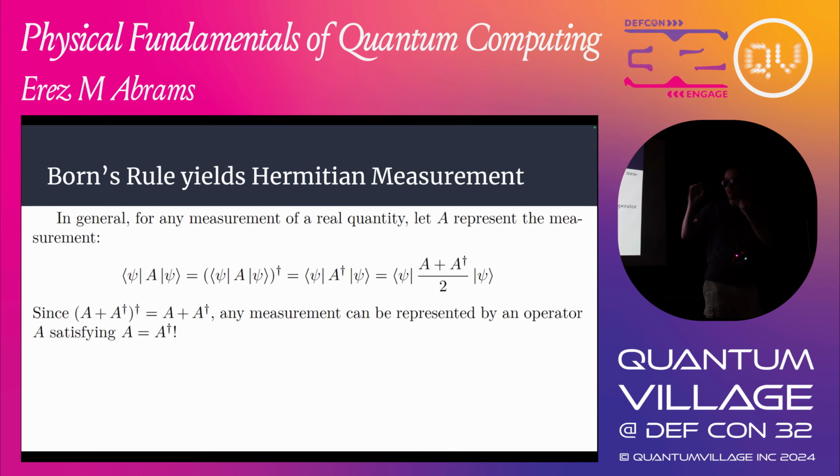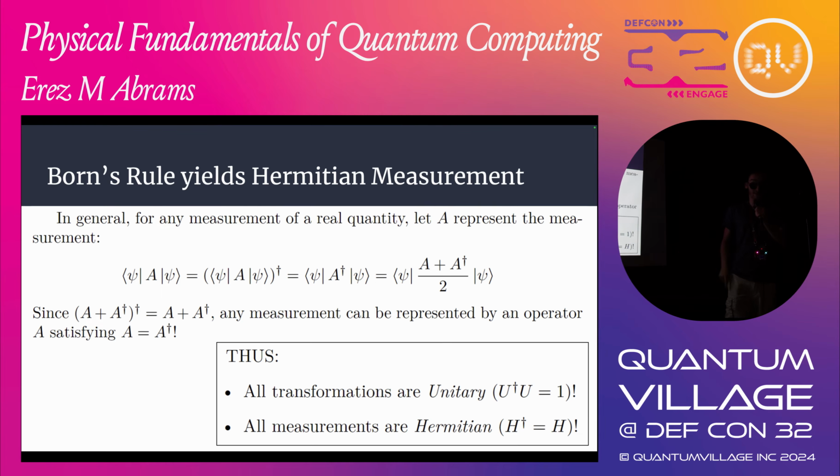If we have a measurement that isn't like that, we can just take the average of it with its transpose to get one. This property is called hermiticity. It's Hermitian. And so, combining the things from before, we have that all transformations are unitary, satisfying this, and all measurements are Hermitian, satisfying this.